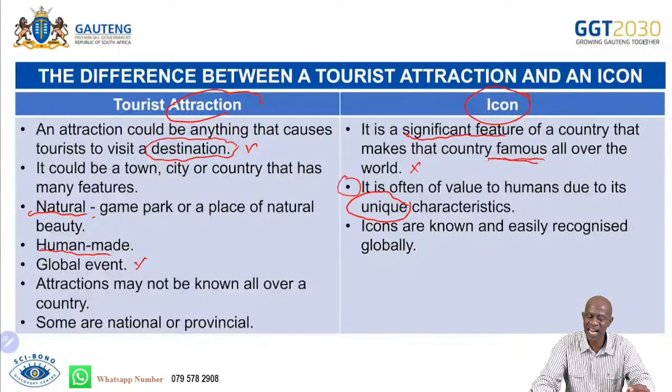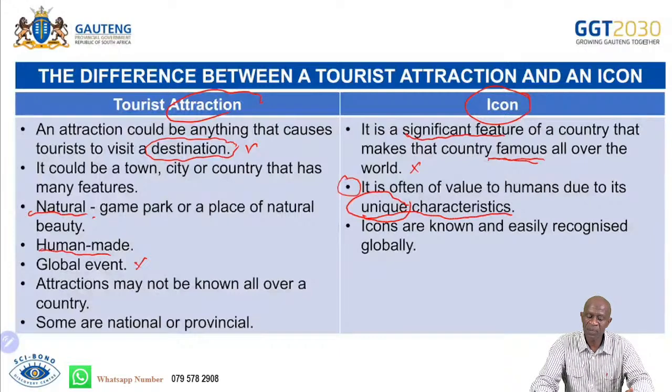The features that are found in that icon may not be found in any of the world icons. It is specific to that particular icon. So at any given time, when we do icons, we are going to look at these unique characteristics. What separates a particular icon from the rest of the icons? That is its unique characteristics.